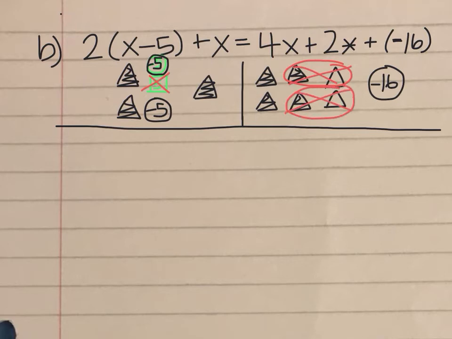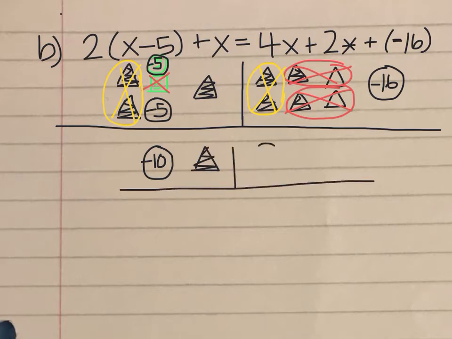And then I'm going to take 2 x's off the right and 2 x's off the left. And now I've got so many crossed off things, I want to rewrite what I have left. I'm going to add this negative 5 to this negative 5 and record that I've got negative 10, and I still have an x. And then on the right side, I've got negative 16.